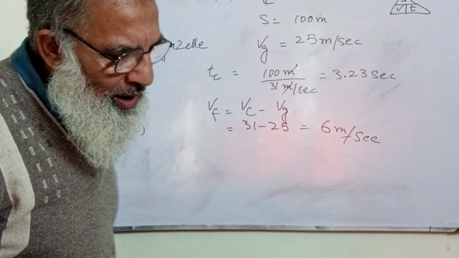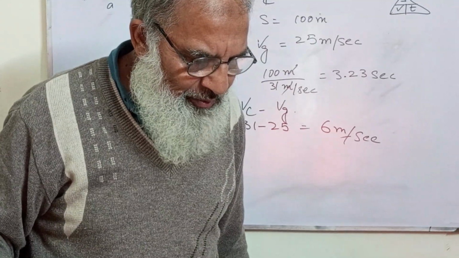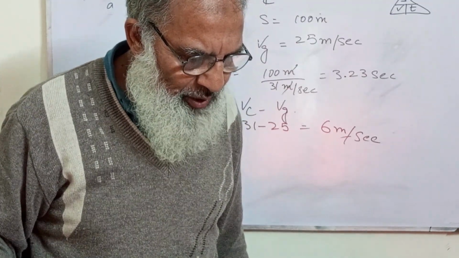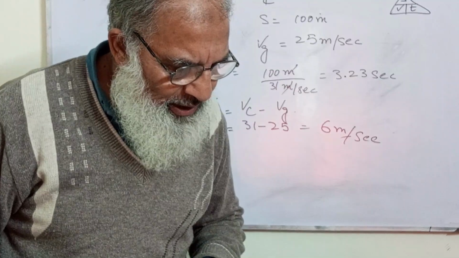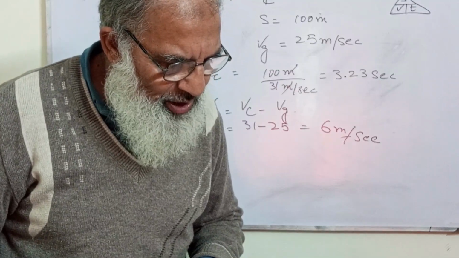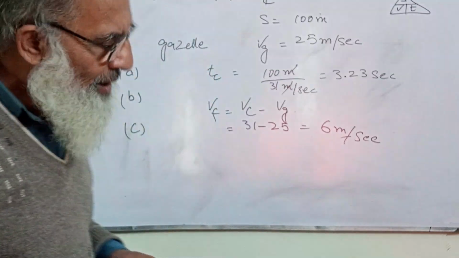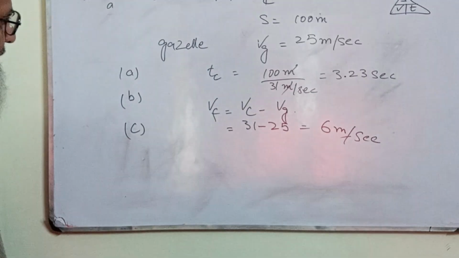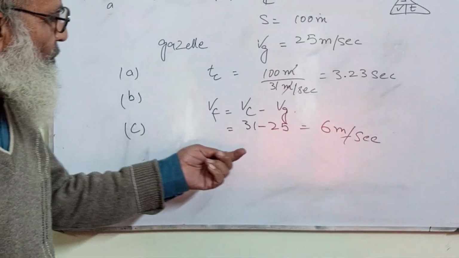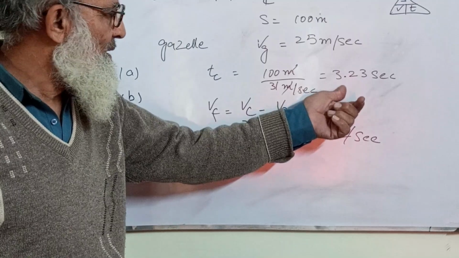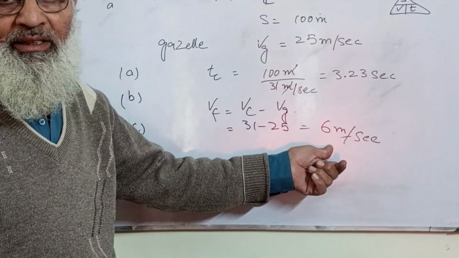Now C. How far ahead of the cheetah would the gazelle need to be to escape? Hint: you would need the time calculated in A and the closing speed calculated in B. They have given us a hint that we have to take this time and this closing speed.